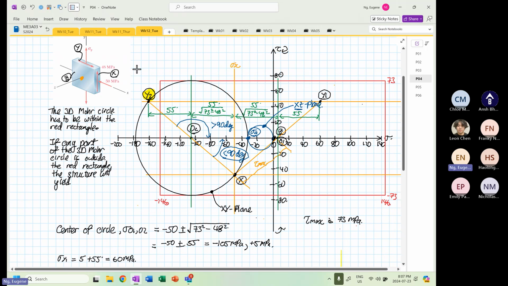In this circle over here, so this is the third circle.